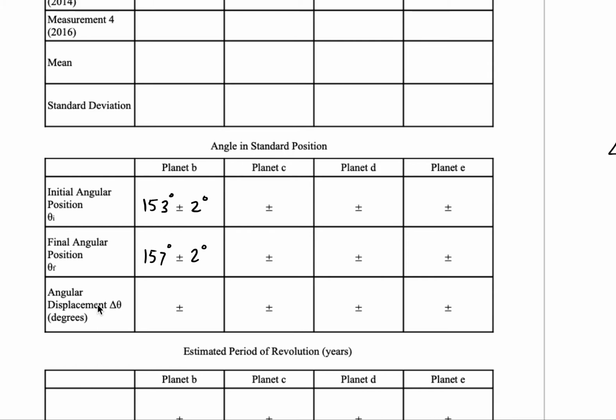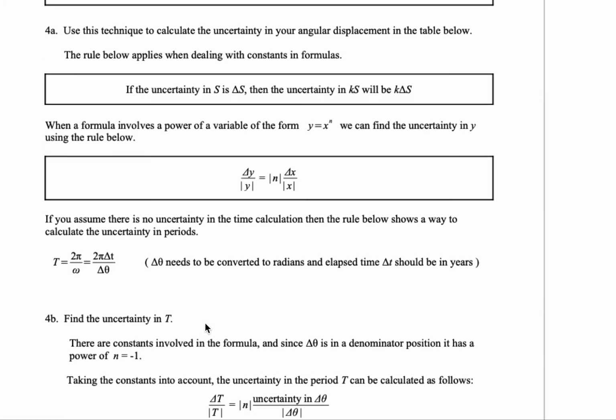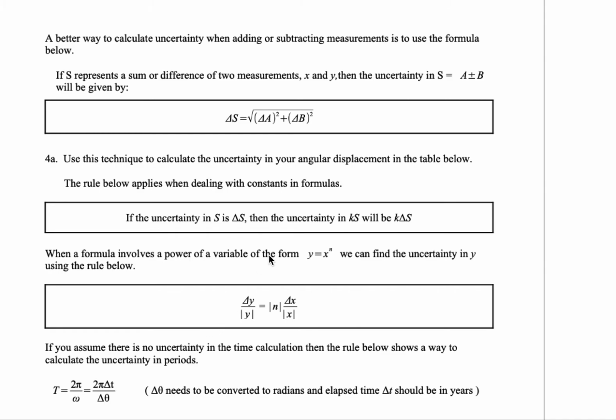You can get the angular displacement now. Alright, you subtract to get 4 degrees. But then you have to deal with the uncertainty, and they talk about that a little bit up here. Let's see. A better way to get an uncertainty when adding or subtracting measurements would be to use the formula below.